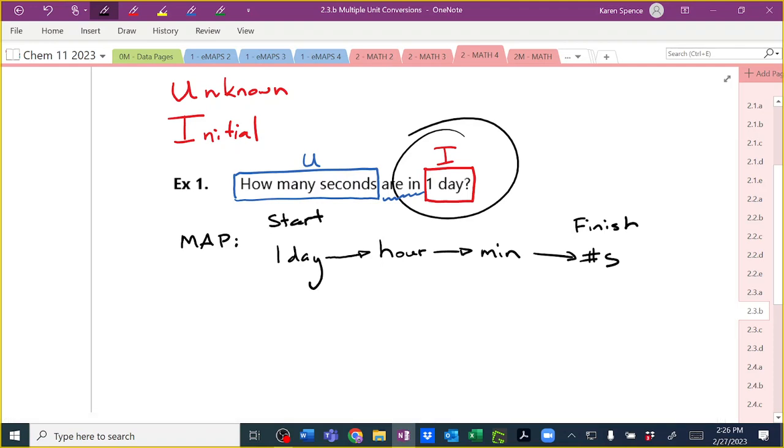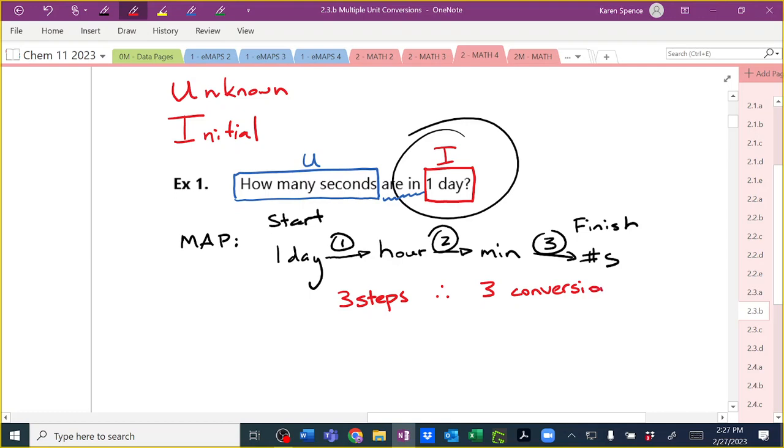What this means is, unlike the previous problem where we only had to change one unit into another unit, here we need to make 1, 2, 3 changes, which means there's 3 steps, therefore there are 3 conversion factors. Conversion factor number 1, between days and hours.